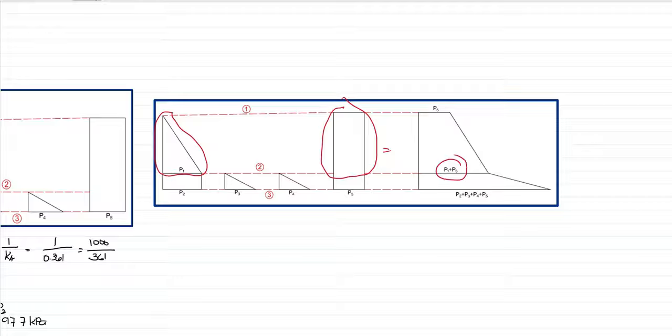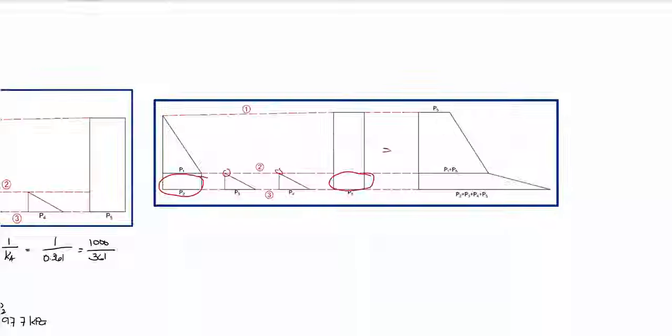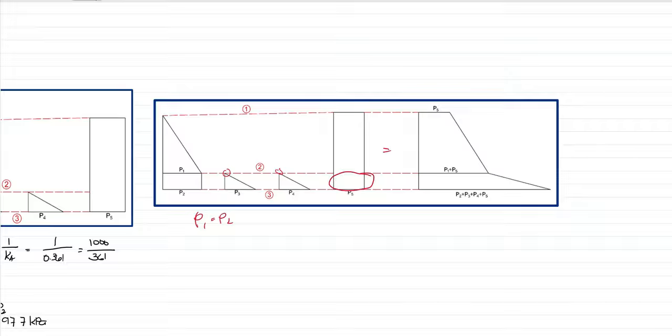So, P1 plus P5. Then, the lower part of our diagram. So, this, and then the lower. Same P1 there. P2 plus P5 there. But since P1 is equal to P2, they have the same resulting diagram at the bottom. P1 plus P5 still.